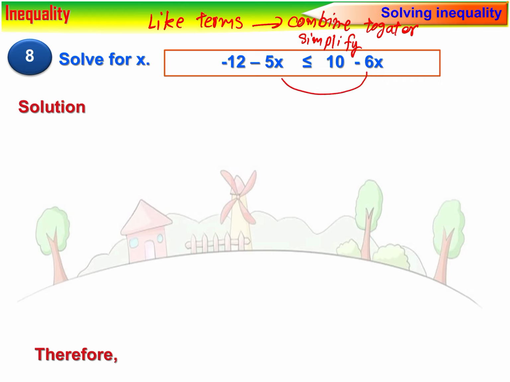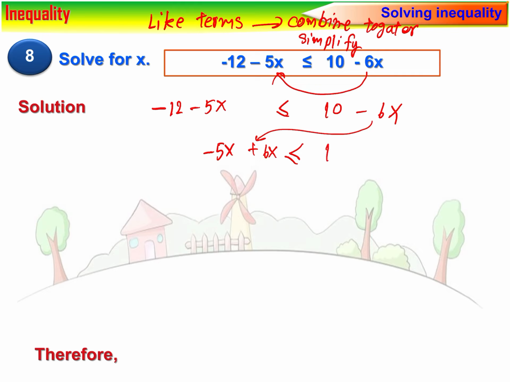ทำให้อยู่ในรูปอย่างง่ายคือรวมกันได้เนาะ So this one, minus 6 and 5. First of all, write the question: negative 12 minus 5x less than or equal to 10 minus 6x. Then you take minus 5x plus 6x less than or equal to 10 minus 12 go to the right hand side plus 12.